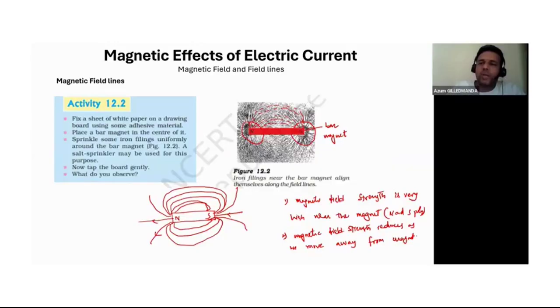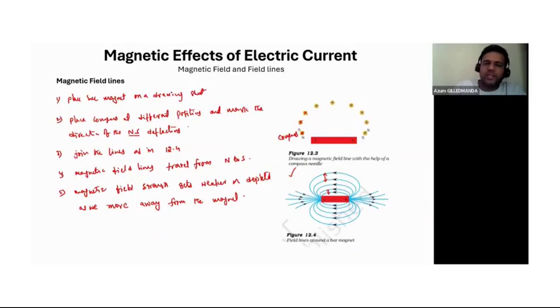And then how those lines are, right? To know how those magnetic lines are formed, you need to place a bar magnet onto the drawing board, and then if you throw iron filings, they arrange themselves because of the magnetic pull in a certain order. If you observe, they are basically in this form. What is that form?